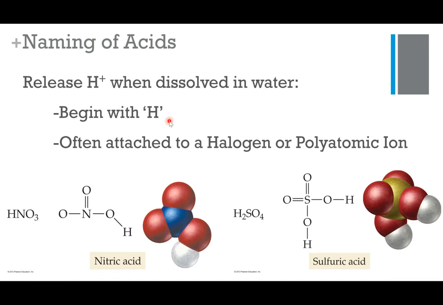And that hydrogen is often attached to a halogen, fluorine, chlorine, bromine. Remember, those are in 17 or 7A, or a polyatomic ion. Here we see nitrate attached to hydrogen, and here we see sulfate attached to hydrogen. So just tying something that we've learned already into this chapter.